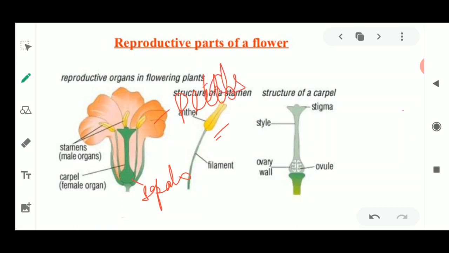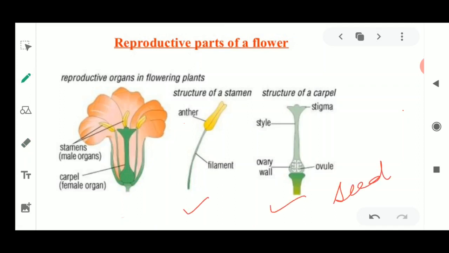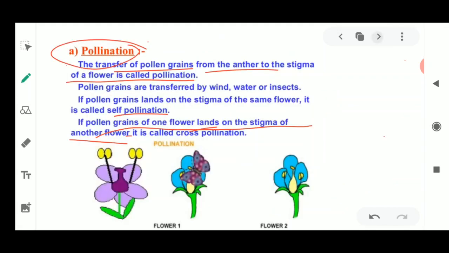These sepals and petals are going to dry up once the seeds are formed. Now how this seed is going to be produced, we'll read in the next class.